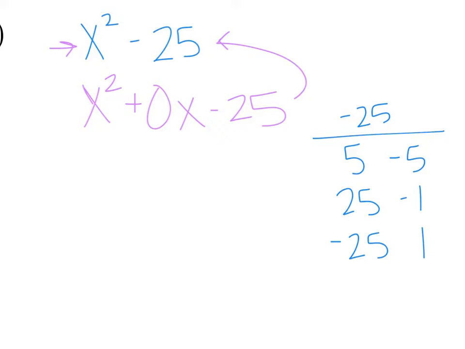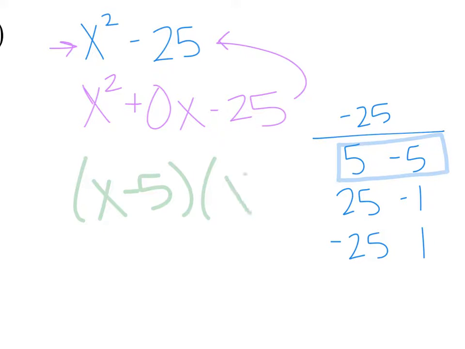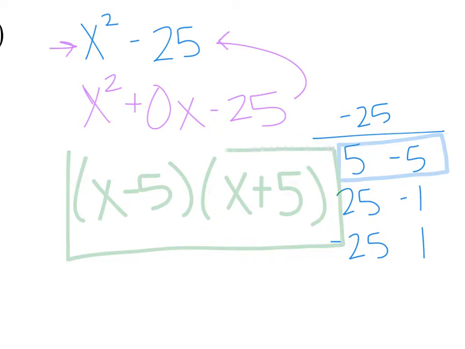Okay? Do you see any up on the board yet that could add together to give me a 0x? Good, if I add 5 and negative 5, those two would add together to give me 0x. So to write my answer, I would get x minus 5 and x plus 5, right? That looks familiar. Okay? And I'm done.